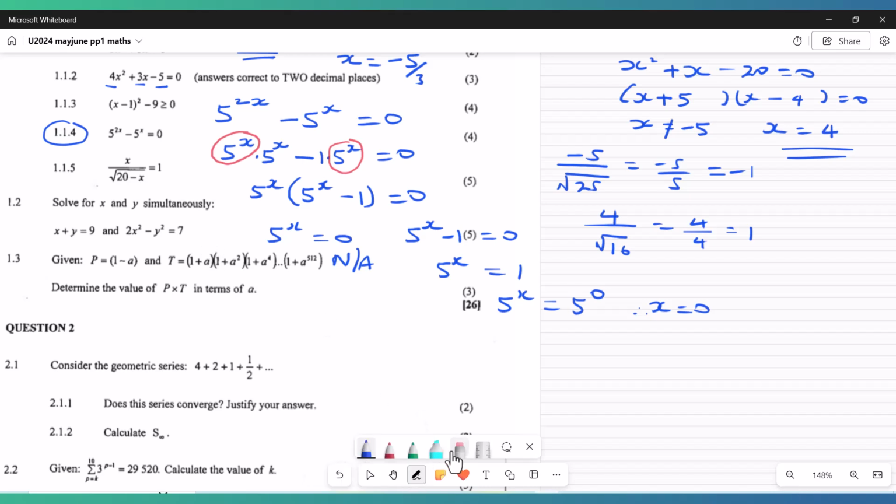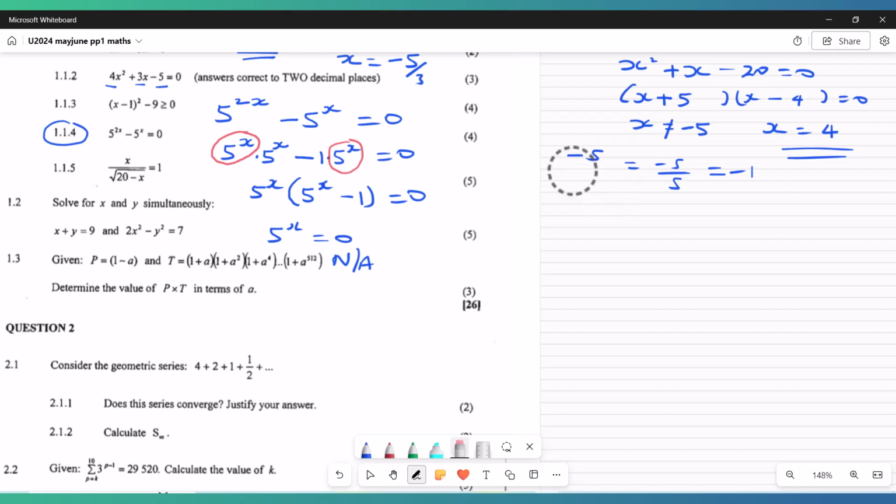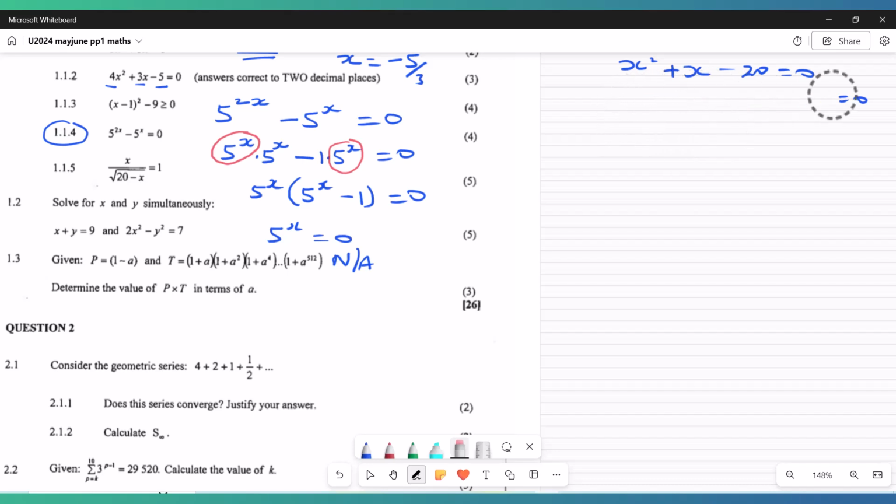We can either say that x equals 9 minus y, or y equals 9 minus x, and then later we substitute in the nonlinear and proceed to form the quadratic equation, which we then solve and then back substitute to get from equation 1.